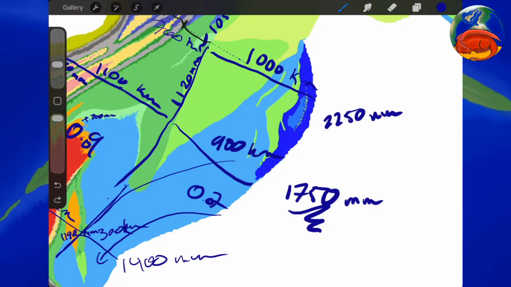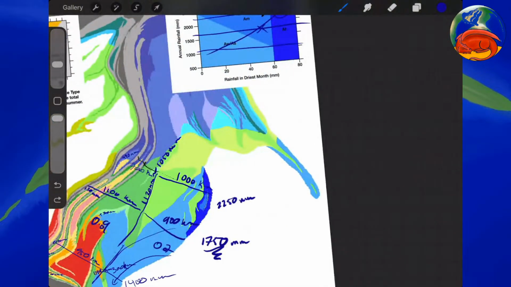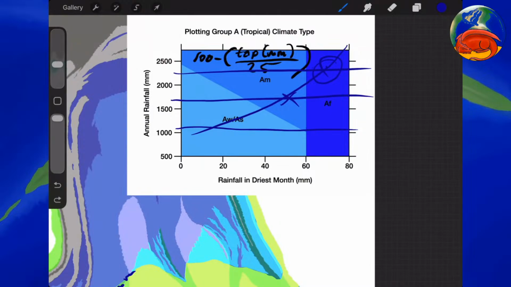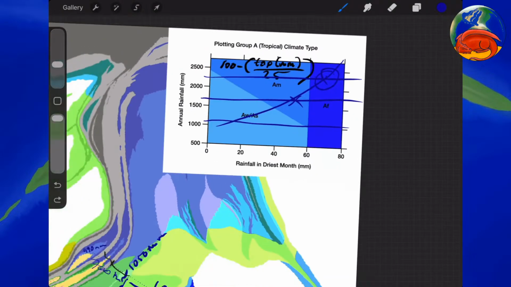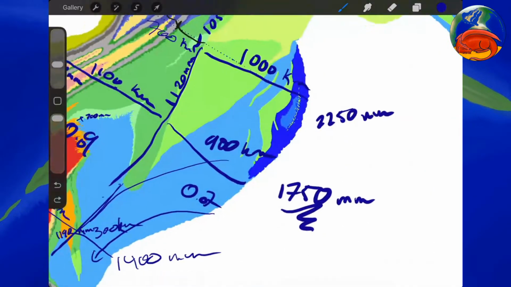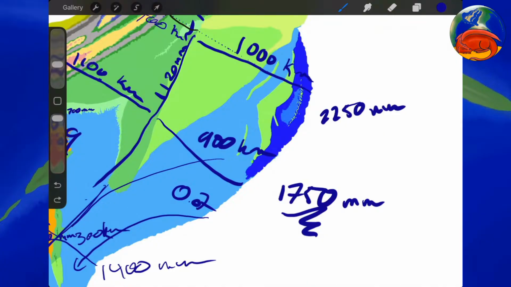All right, so about 300 kilometers in, we are going to see the transition from AM to AW, just working from here. So about 300 on average.